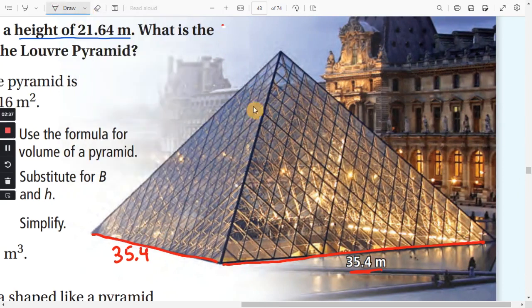So if I were to draw in the height, I would just start at the vertex and draw in the height. The height is perpendicular to the base. It's a little difficult to draw here, but assuming it's not oblique, the height will go right to the center of that square. And that's 21.64 meters. So that is the height H.